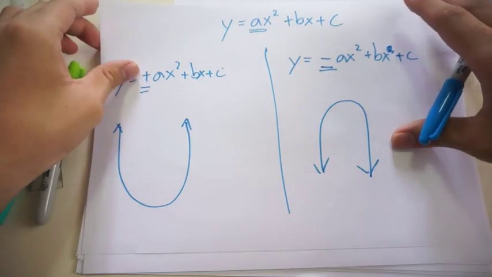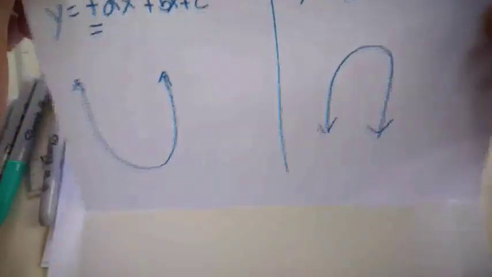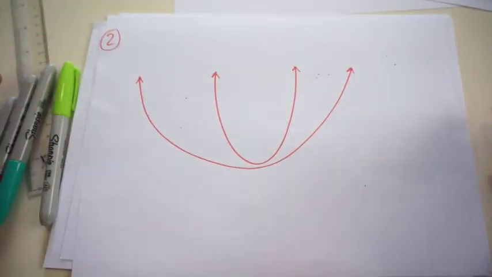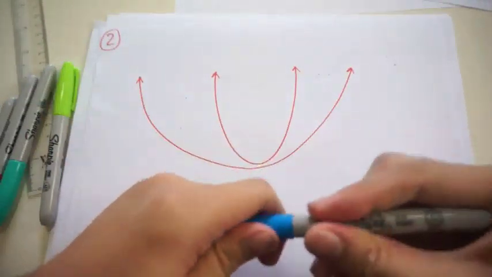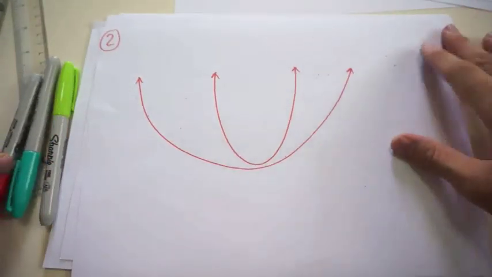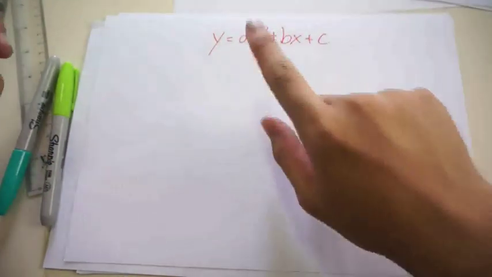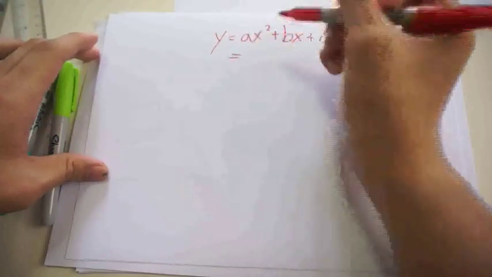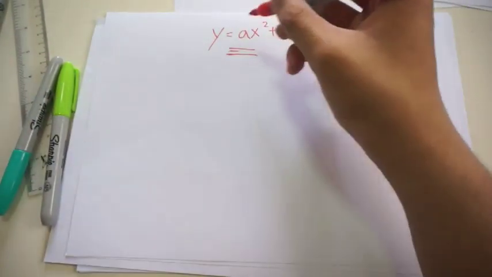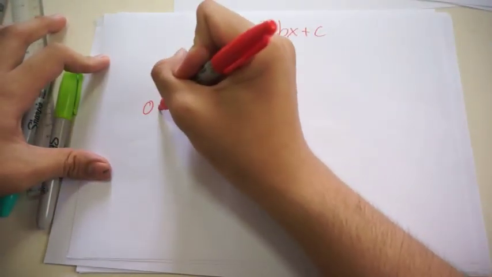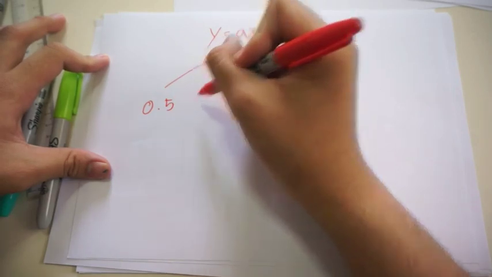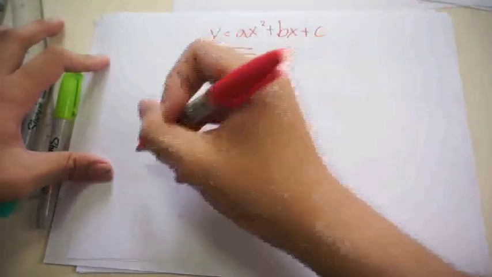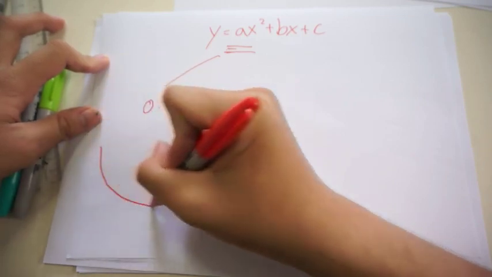Second is to know when the graph will be wide or thin. As you can see, this is expressed in this form as well. However, if the a is a low number, like for example 0.5 or something like that, the graph will actually be wide.